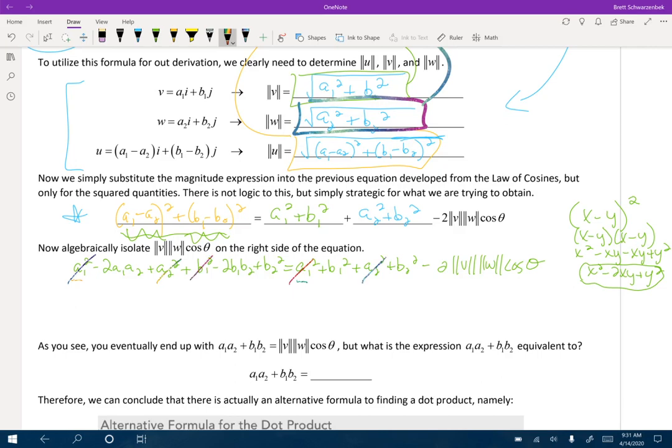Same with b1 squared and b2 squared. So essentially you end up with just the following: negative 2a1a2 minus 2b1b2 is equal to just the right-hand side, which is the magnitude cosine theta piece over here.